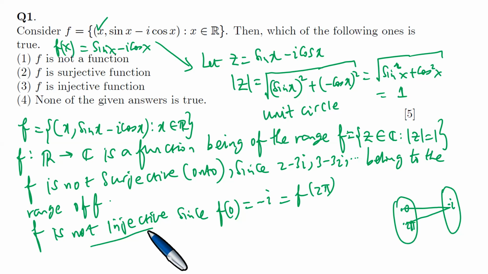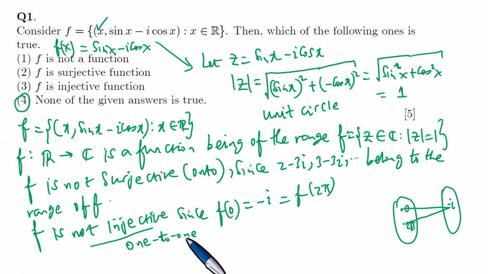So which one therefore becomes the correct option? Or it is none of the given answers. It is none of the given answers. If it's injective, then it is one-to-one.